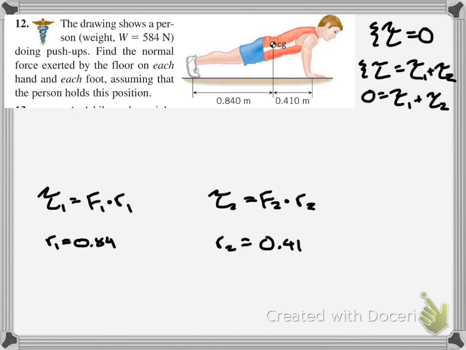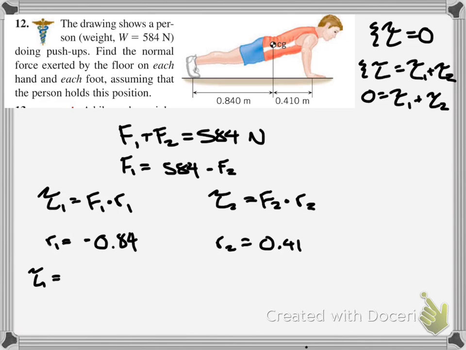Since his weight is negative 584 newtons, and we know that he's in equilibrium, we know that the two forces exerted by the feet and the hands added together have to equal positive 584 newtons to cancel out that negative 584 newtons. Okay, so using basic math, if you subtract F2 on both sides of that equation, you know that F1 is equal to 584 minus F2.